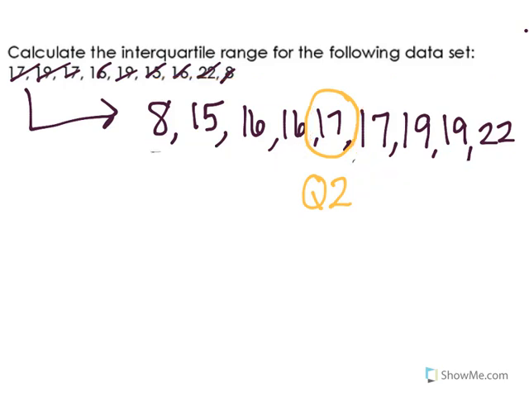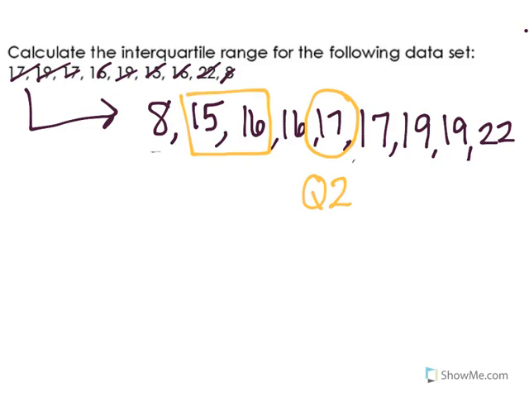As I look at the lower half of my data set, I see that I have 4 digits. If I have an even number of digits, I know I am going to have to find the average of my 2 middle numbers. So the 2 middle numbers of our lower half are 15 and 16.